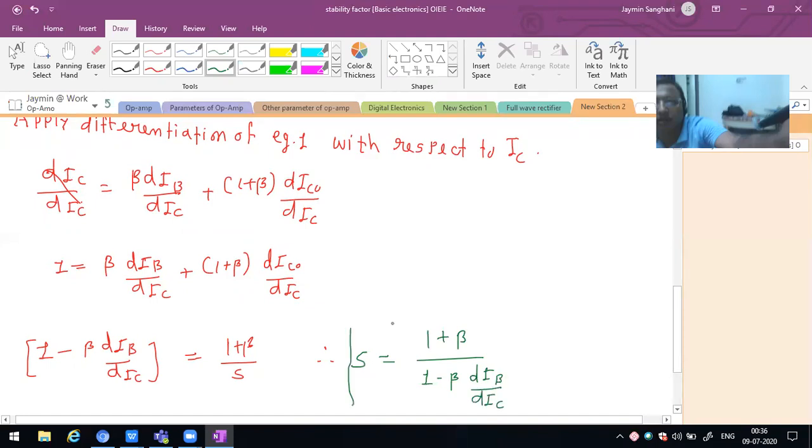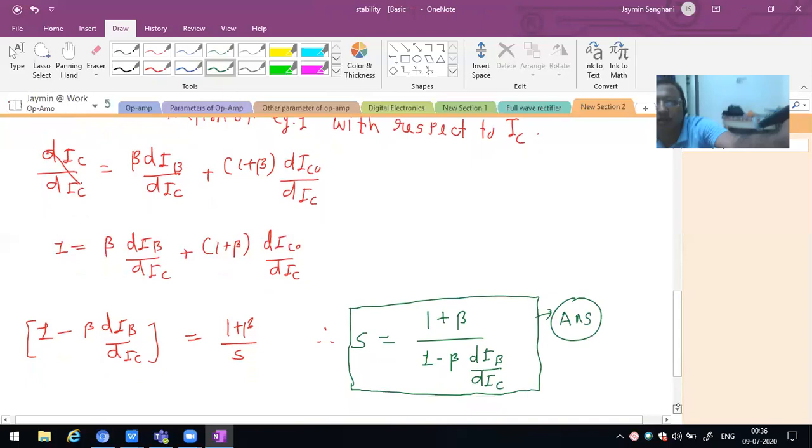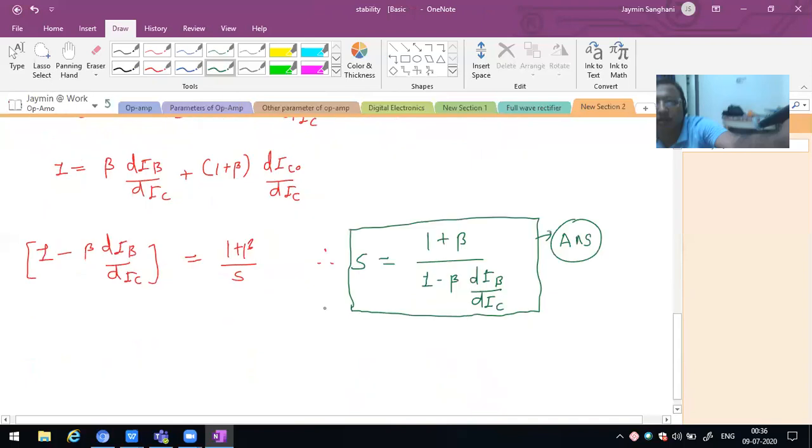This is the equation related to stability factor S.